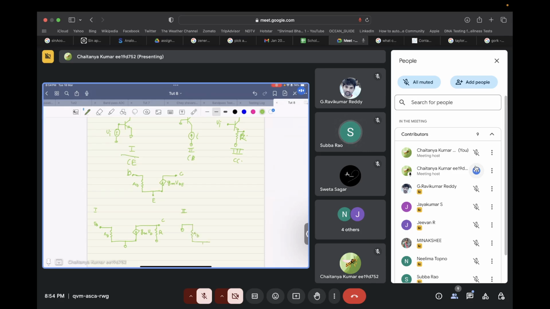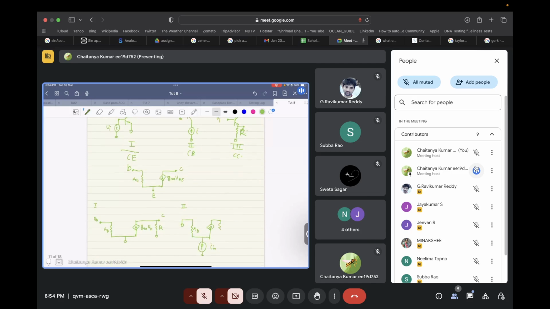Okay. My second circuit will look like RB, and this is some input current, and this passes through a resistor.